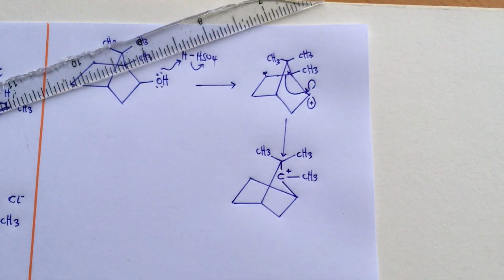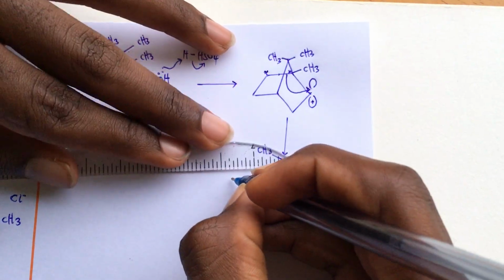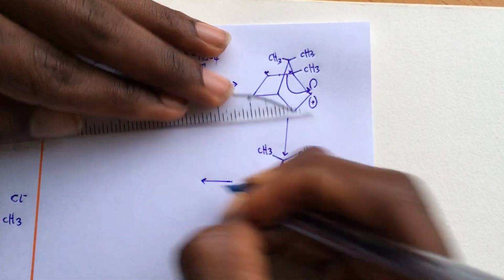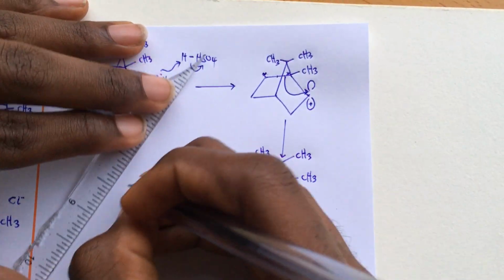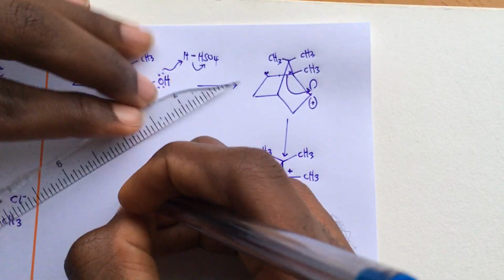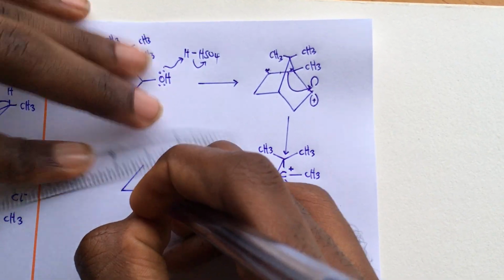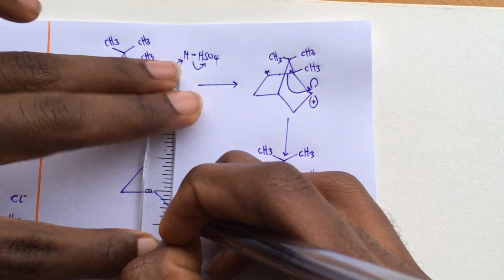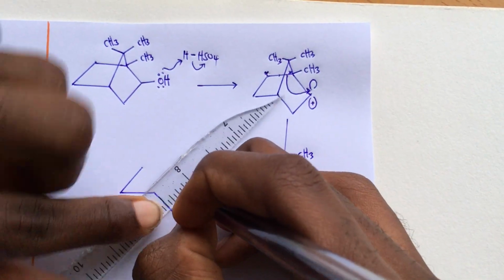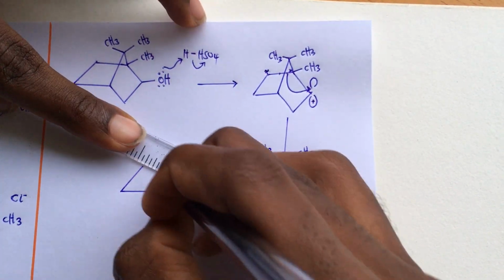So from there, you know what we can do. I can just redraw it this way without showing the carbon. And now I'm going to have, exactly.